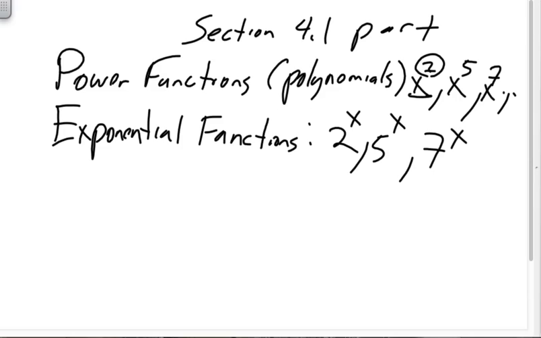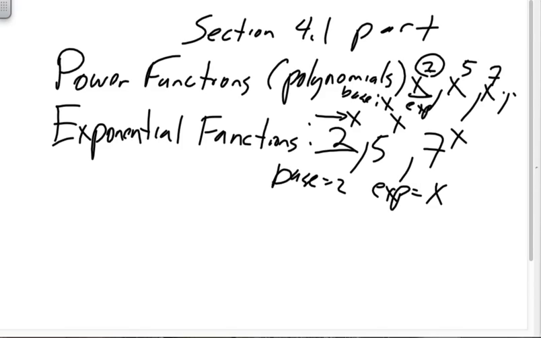So in these, your variable is the power and your base is a number. Like in this one, my base is 2 and my exponent is x. In this one, my base is x, my exponent was 2.